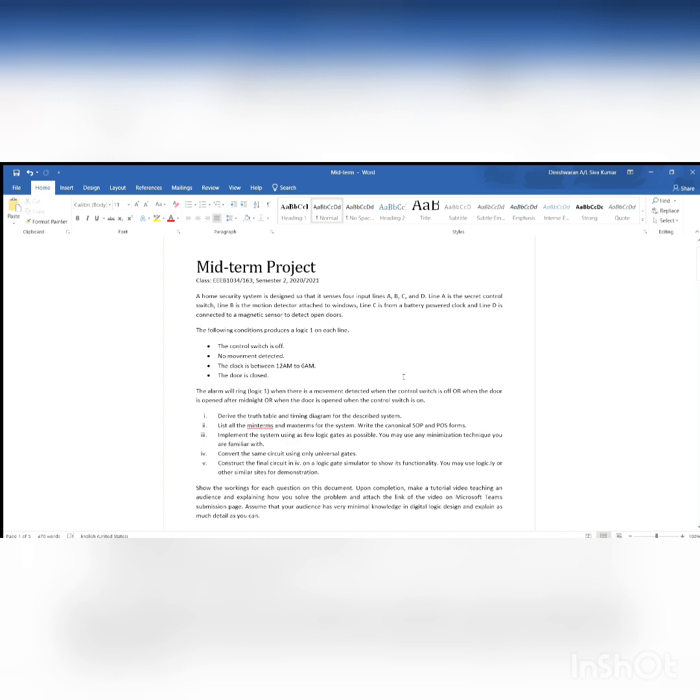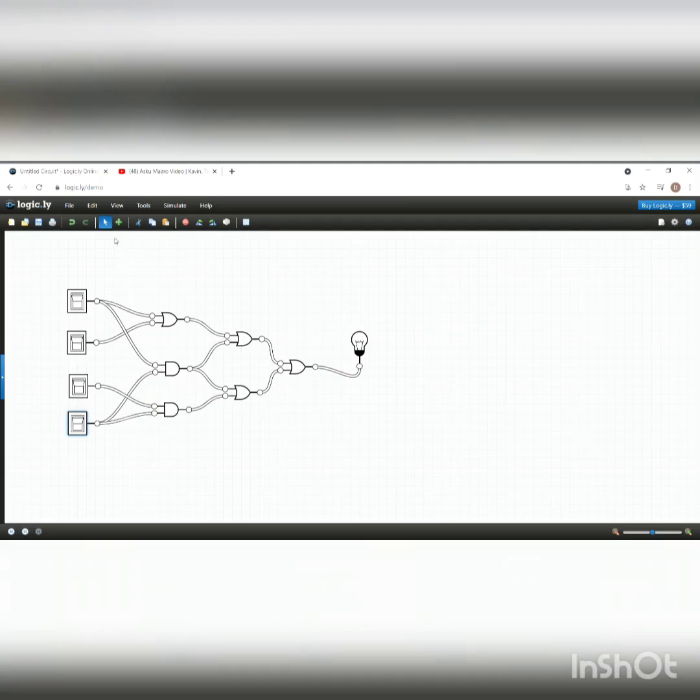So guys, I did the simple simulation. The first one will be input A, which represents the secret control switch, the second one will be input B, which represents the motion detector, the third one will be input C, the battery powered clock, and the last one will be the magnetic sensor to detect open doors.